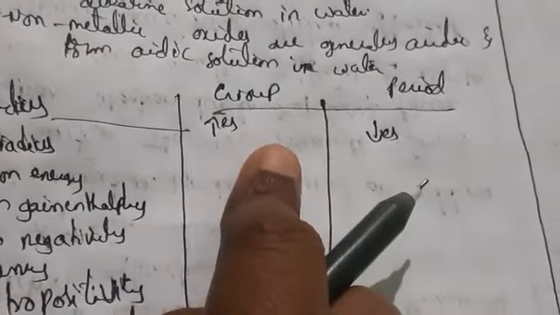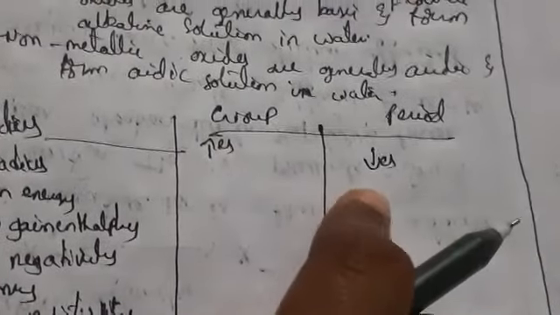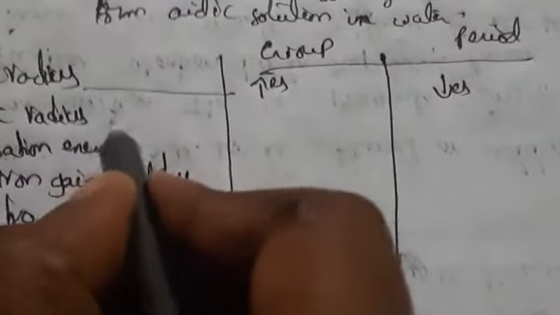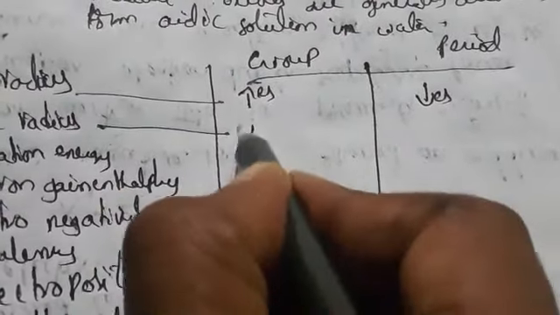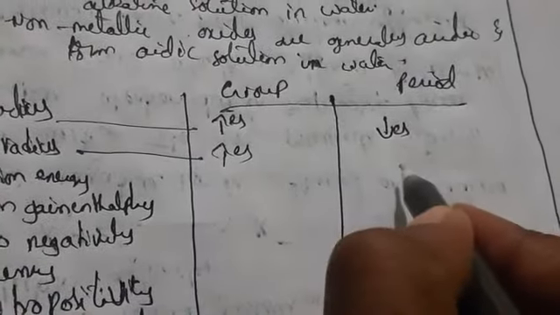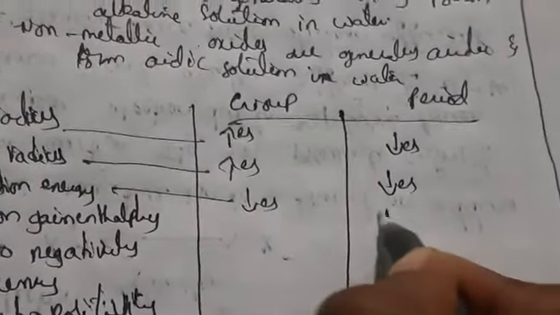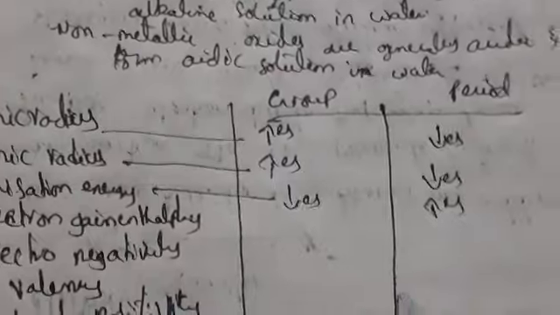Atomic radius increases due to the increase in size. In a period it decreases due to nuclear interaction. In the same way, ionic radius increases in a group and decreases in a period. Coming to ionization, it decreases in a group and increases in a period.